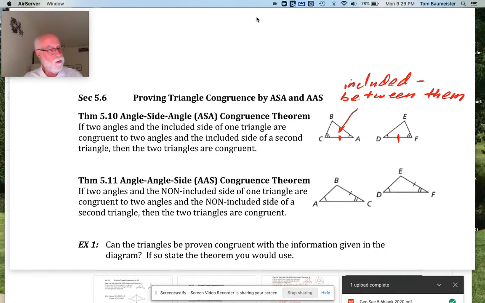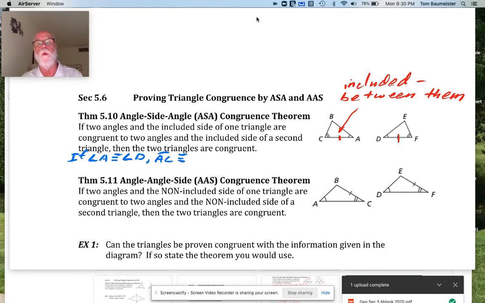So what that says then, ladies and gentlemen, if angle A is congruent to angle D, if AC, the line segment, is congruent, now look how I went.